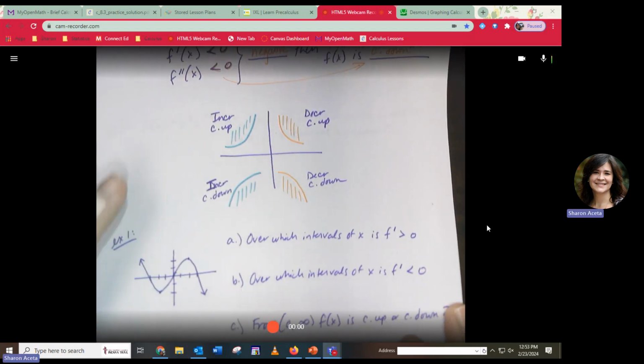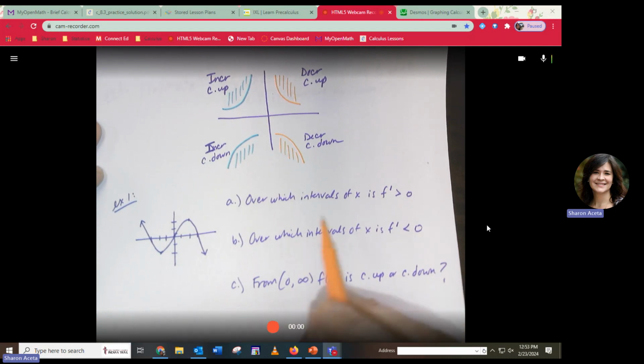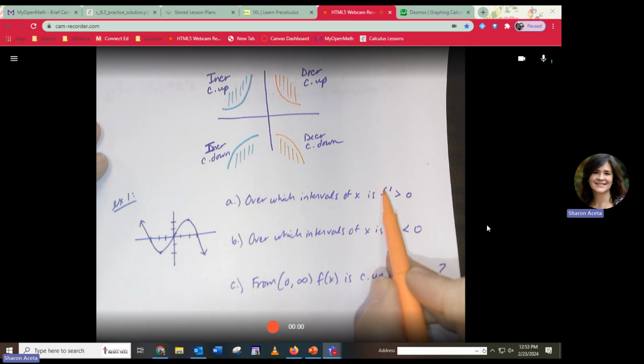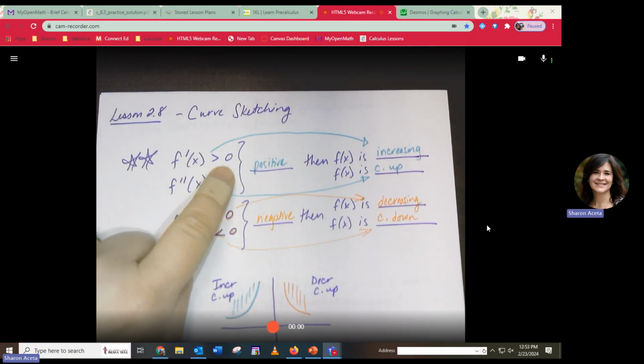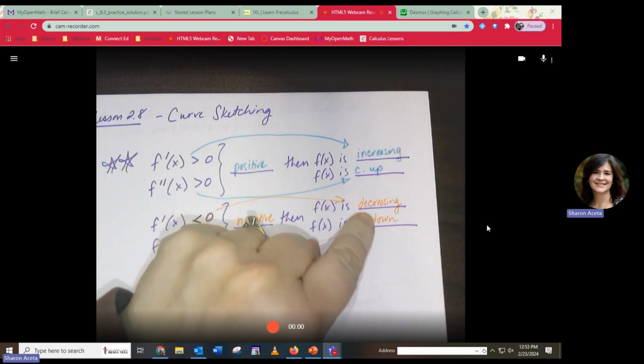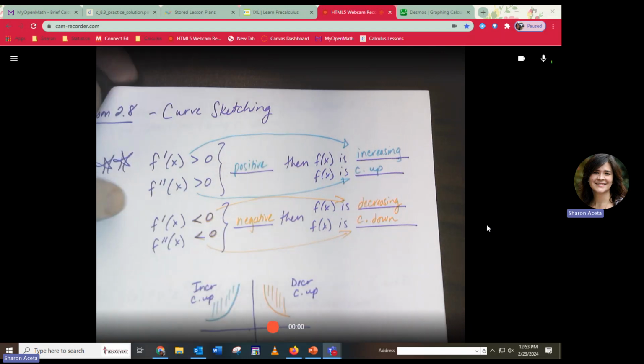All right, let's do an example that they'll show you on homework. Over which intervals of x is the first derivative greater than 0? Again, what does this notation mean? If I'm a first derivative, I'm either increasing or decreasing. If I'm a first derivative greater than 0, I'm increasing.